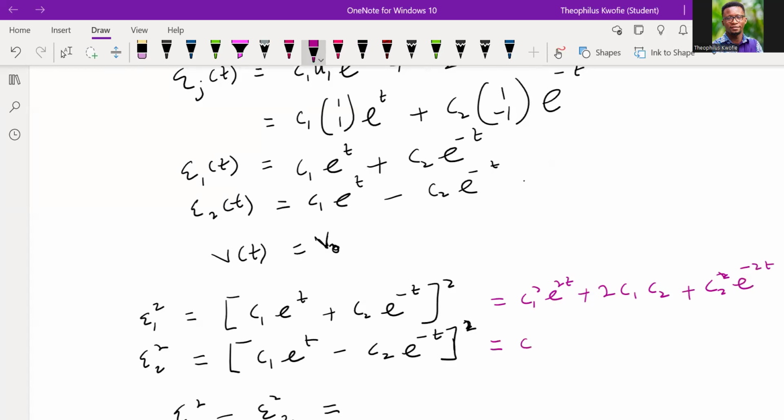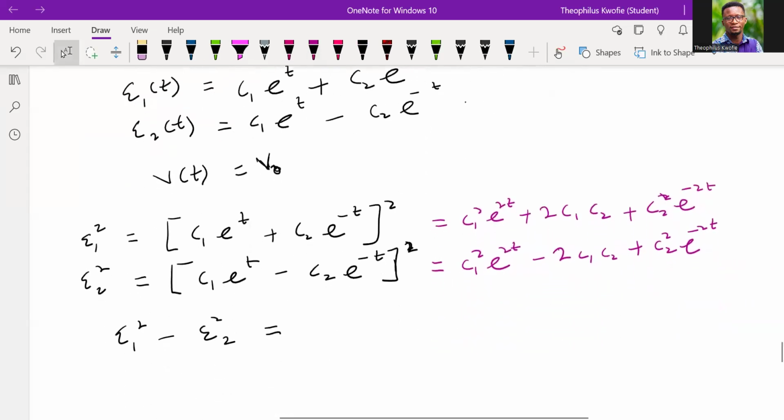Then for the other one we have C1 squared e to the power 2t, twice the product, 2C1C2, then we square the last, C2 squared e to the power minus 2t. Now, if you subtract them, we are going to have what?